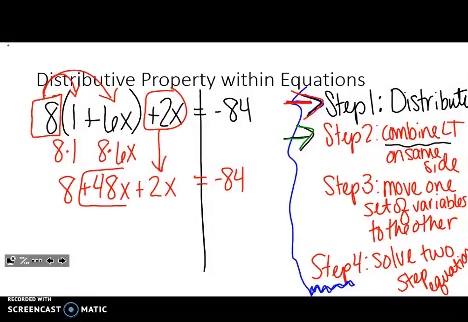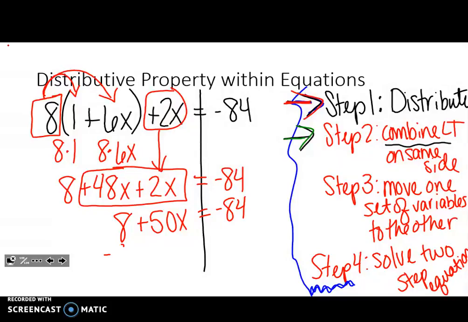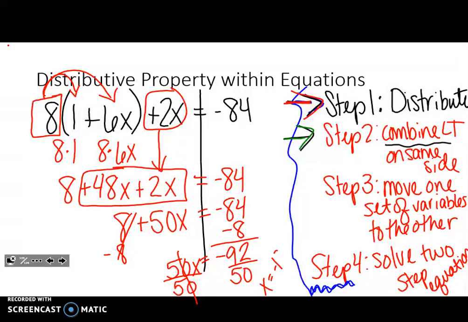Then we would combine our like terms. So we get 8 plus 50x equals negative 84. Then I'm going to subtract the 8 to get 50x equals negative 92. Divide by 50. Now I'm going to get a decimal on this one, and that's okay. So we get x equals negative 1.84.